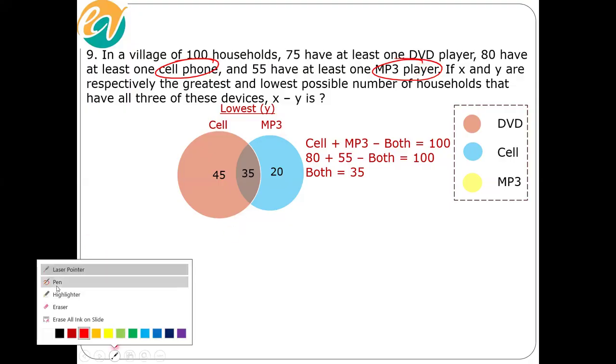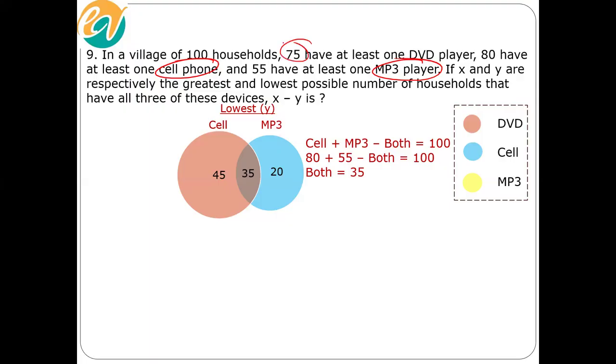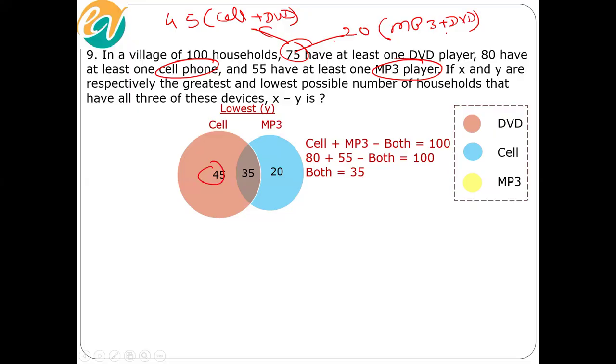So again, let's summarize this. Out of 75, 45 have only cell phone plus DVD, right? And 20 have only MP3 plus DVD. Now notice till this point of time, I have no overlap in all the three.